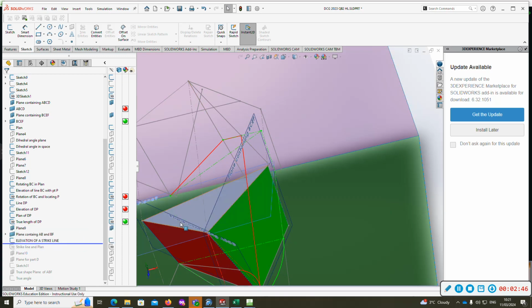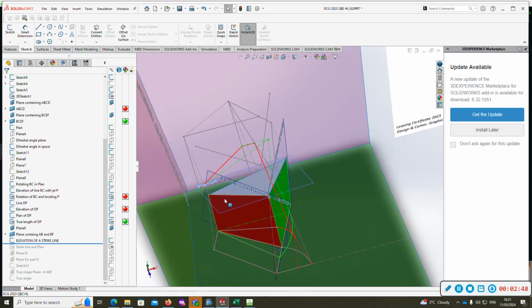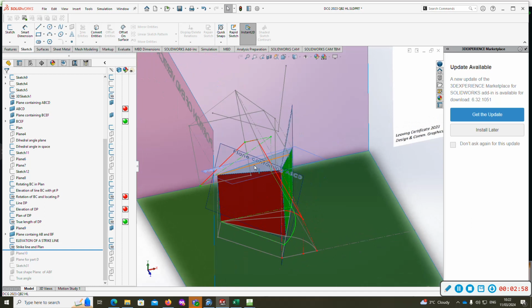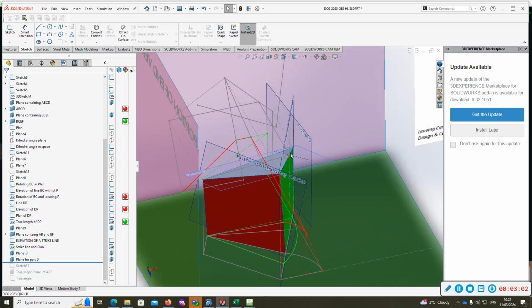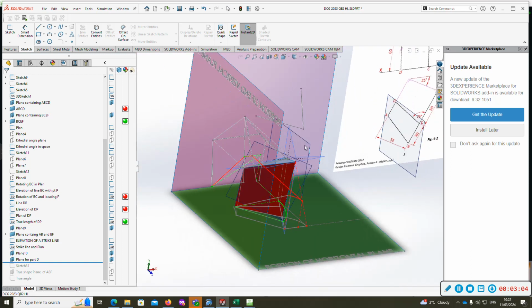Now, to get the true angle between line AB and BF, we're going to have to create a plane. We're going to have to get that plane to project as an edge by using a strike line, a horizontal line. Look along that line from plan to get it to project as an edge.